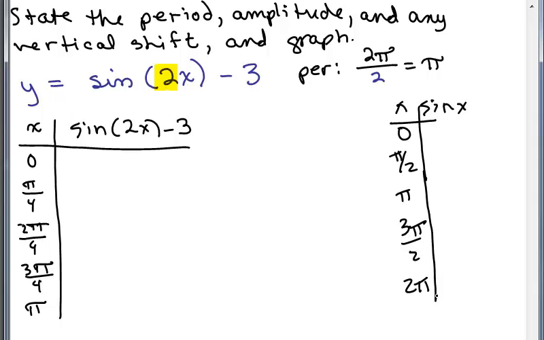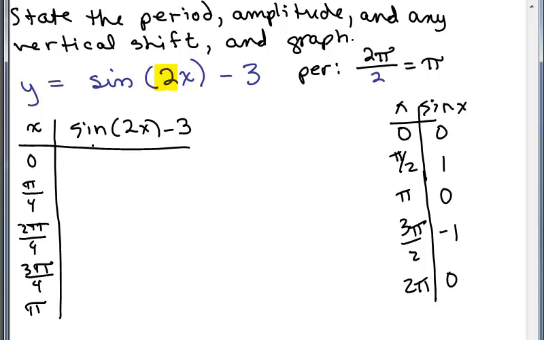So notice all of these are actually half of what you see over there. Basically, that's this dividing by 2 part over here. And what will the y values change from? So usually it goes 0, 1, 0, negative 1, 0.